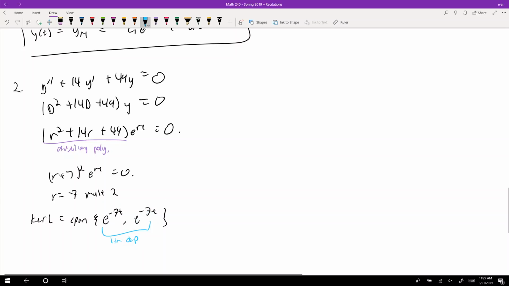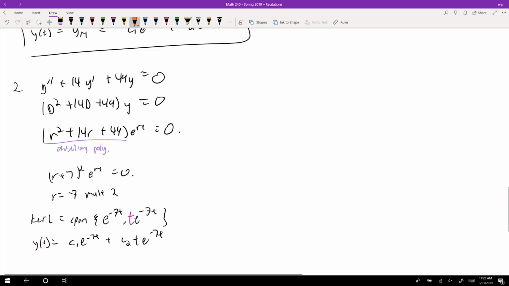And here is where the first trick appears. Whenever you see linearly dependent elements in your kernel, just add a t or powers of t in front of them. So in this case, e^(-7t) and t e^(-7t) are going to be in my kernel, and so my solution y(t), remember, is just the homogeneous solution again, c1 e^(-7t) plus c2 t e^(-7t).